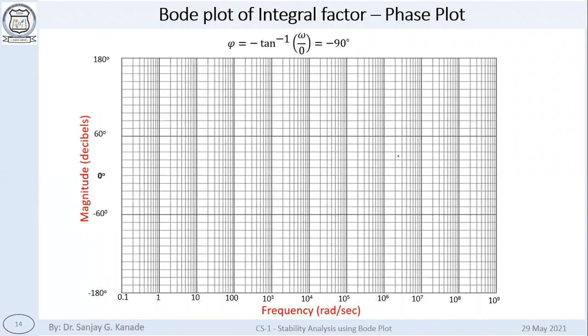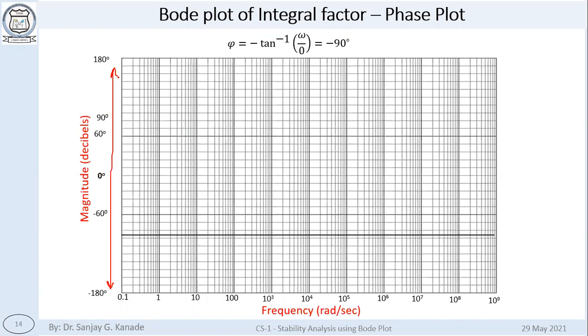Minus 90. It is just a straight horizontal line of constant phase, and the value of that phase is going to be minus 90. Of course, the location of the line depends on how you are putting the scale here, right? This is the scale. How to select the scale means how to select the range of values of these phases.